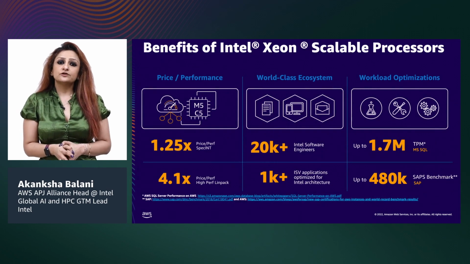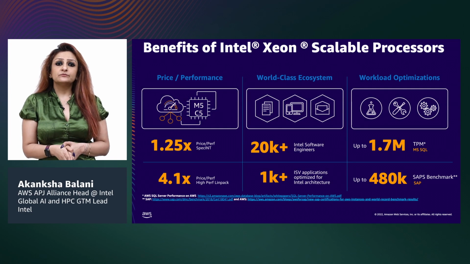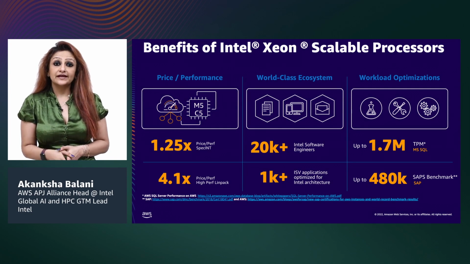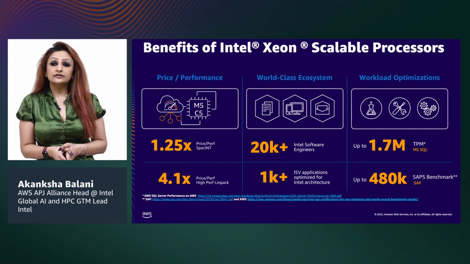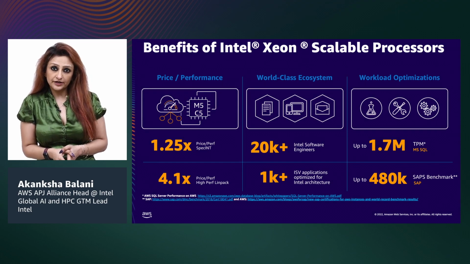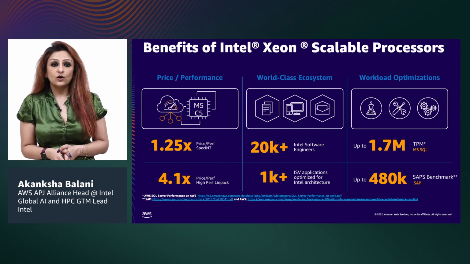Let's dig a little deeper into what I just discussed. It's easy to claim industry-leading price performance, but I'd like to back that up with data. Recently, in an article published by HPC Wire, Amazon EC2 instances powered by Intel measured at having 1.25x higher performance and price in SPECint over other x86 technologies.